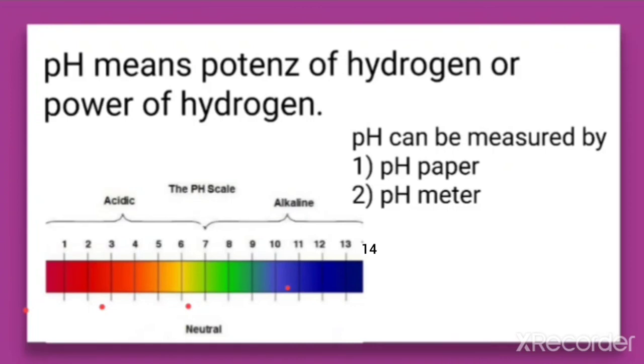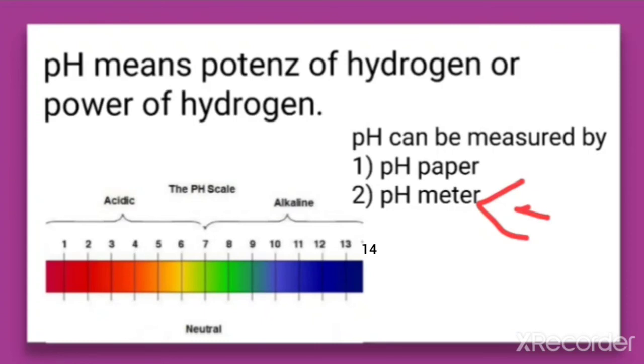Nowadays pH paper is available with 4 strips on it, and the different strips have different colors at the same pH. So from the pH paper we can roughly identify the pH of the solution. But we can find the pH more accurately with the help of a pH meter.